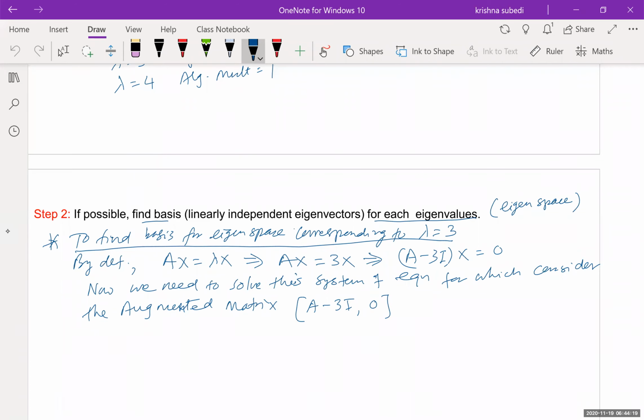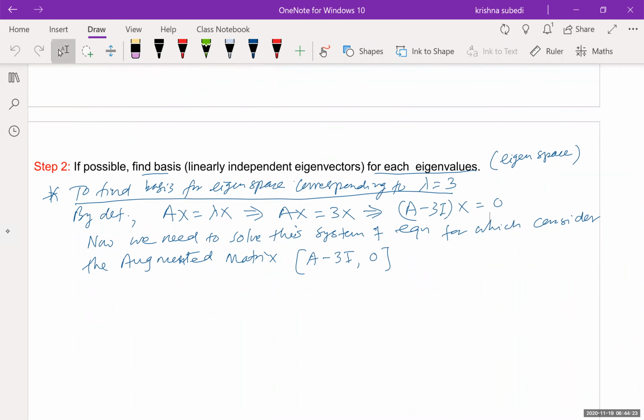We change the augmented matrix into echelon form, and then we'll get the basis. So that means A minus 3I.